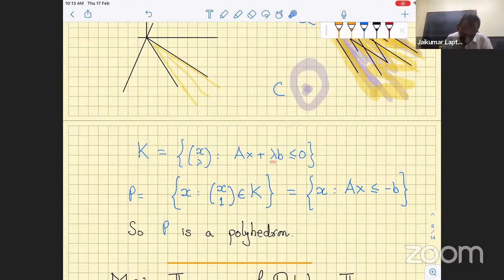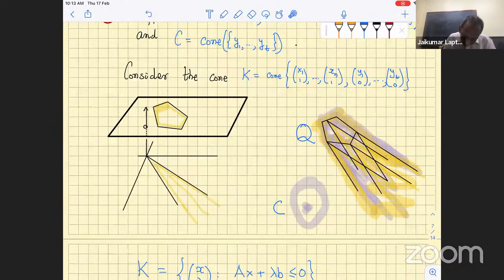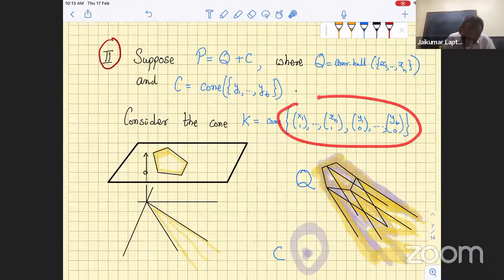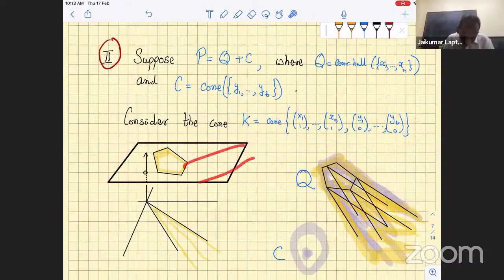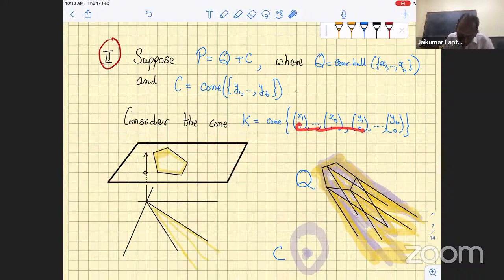This is a variable. Now you can see that if you look at this cone and all the points of this cone, if you take the intersection of that cone with the ceiling, with this affine plane, and you drop off the last coordinate, that is precisely P. All those points that can be generated out of these, a convex combination of this, which means the second coordinate stays 1, and you can add anything from here.